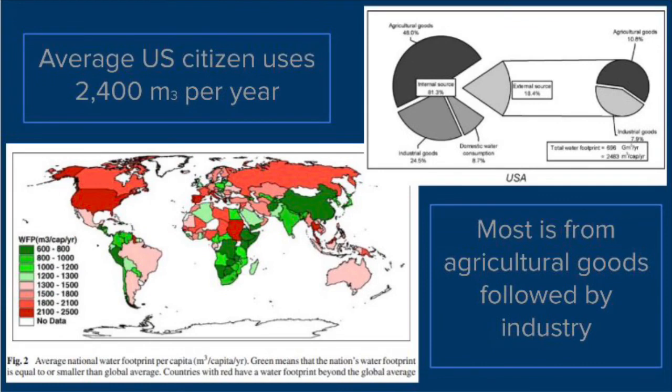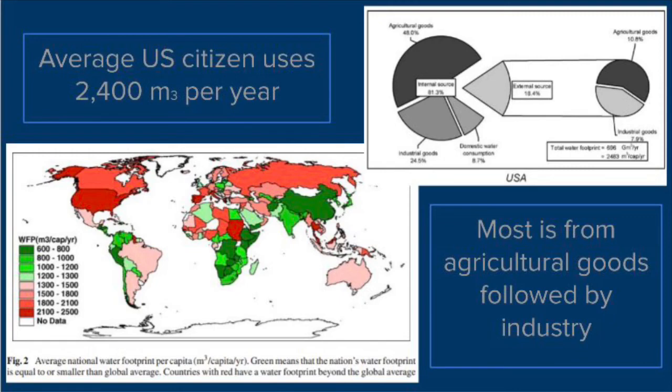So during my research, I found this really great journal. It's called Water Footprints of Nations, Water Use by People as a Function of Their Consumption Pattern. And so I really liked this journal because it gave a lot of really great comparisons around the world. And these two photos came from this source.